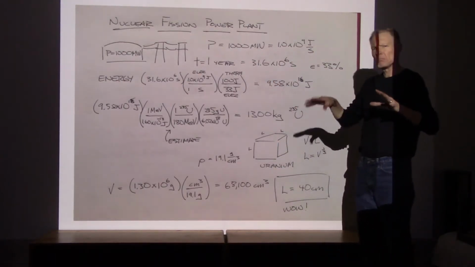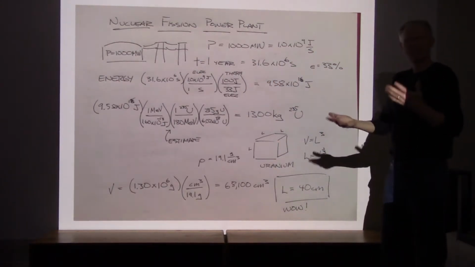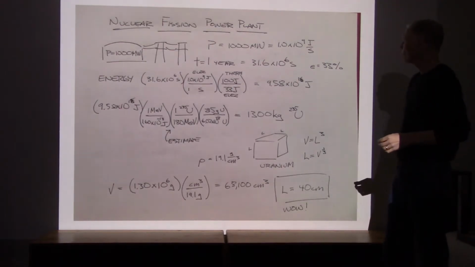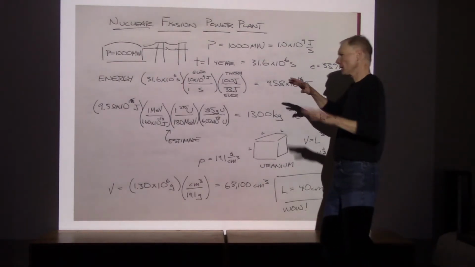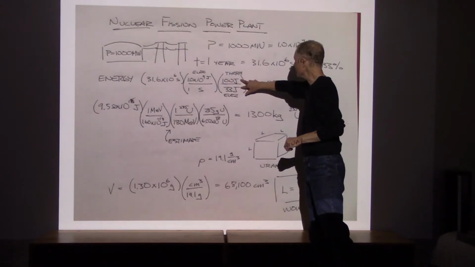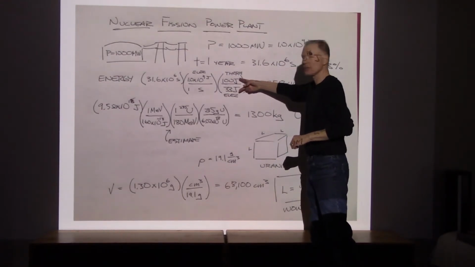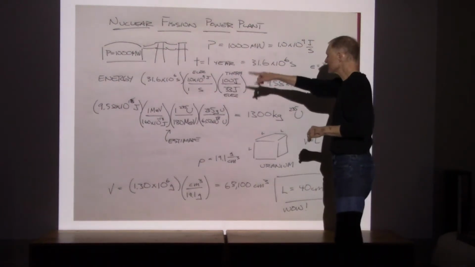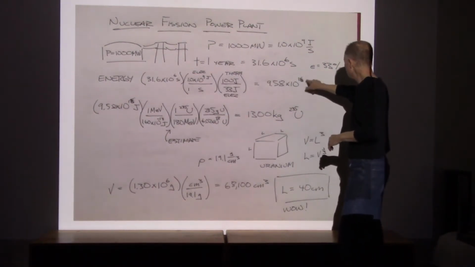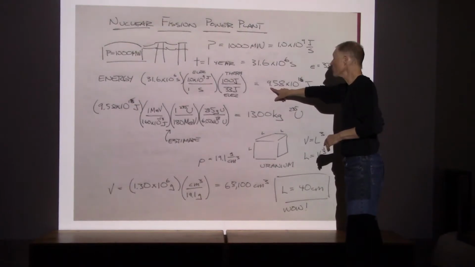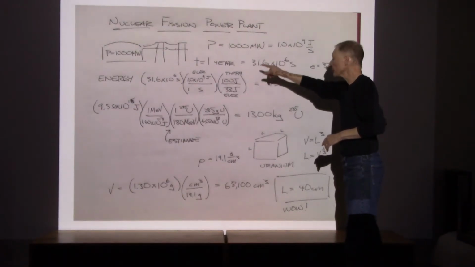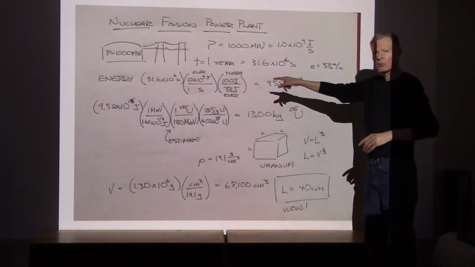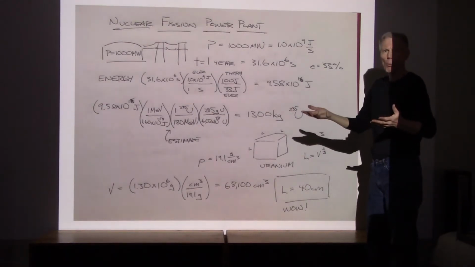I'm going to say on midterms, it's kind of 50-50. Half of students get this put in the right way, half of them get it backwards. So something to pay attention to. So the total energy for the year of thermal energy that I'm going to need, because that's what the fission is going to give me, is just a bunch of hot water.